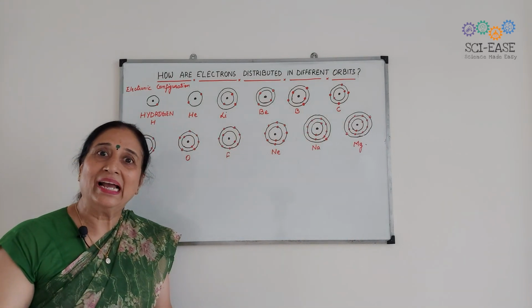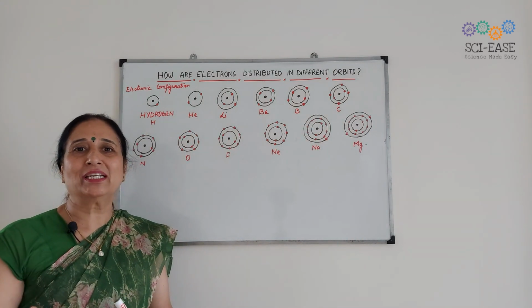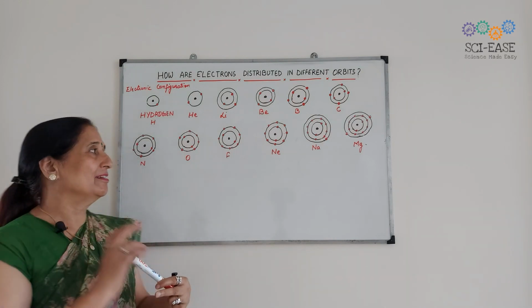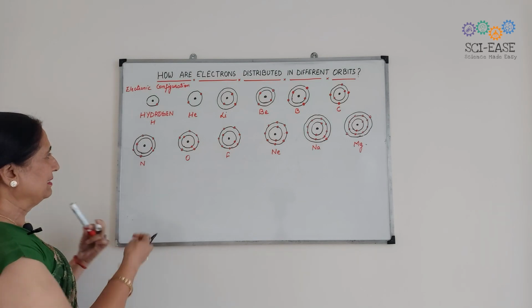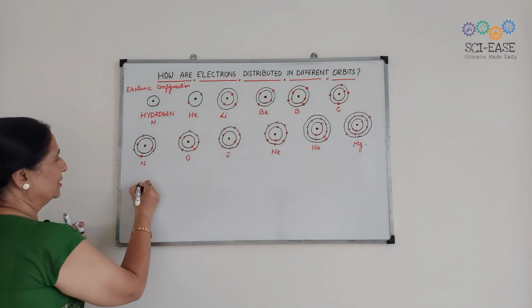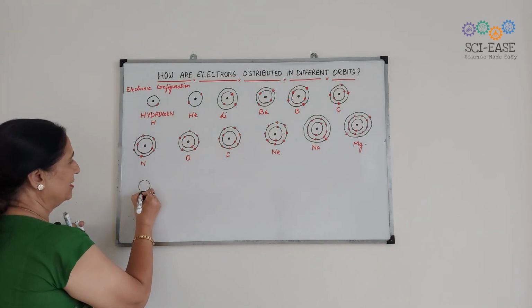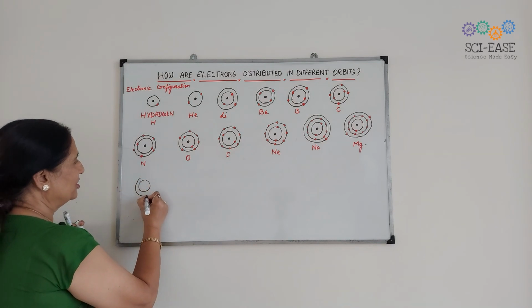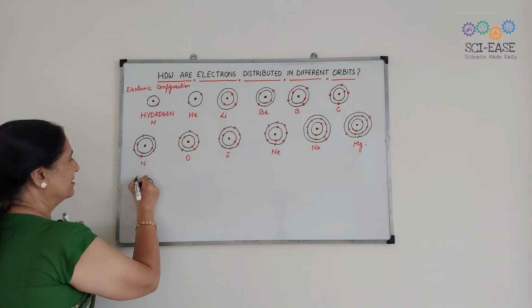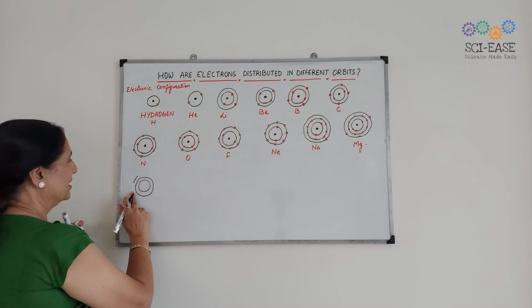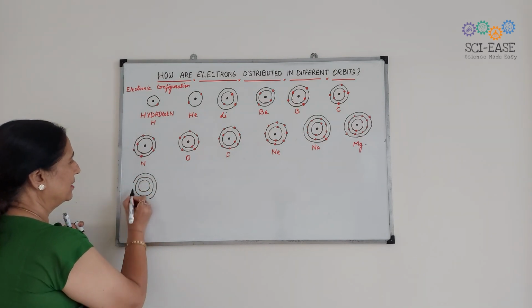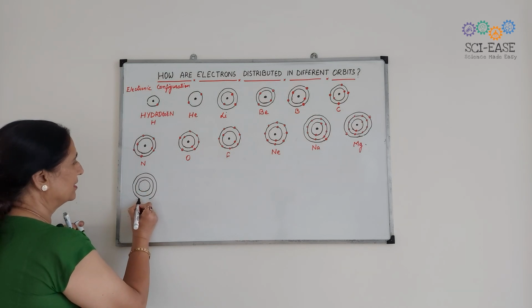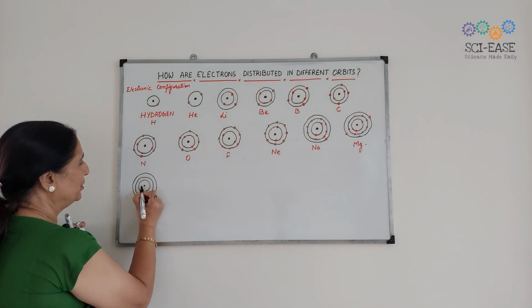Now comes aluminium with atomic number 13. So this is the first shell, then the second shell, and then the third shell, or orbit, or energy level. This is the nucleus.